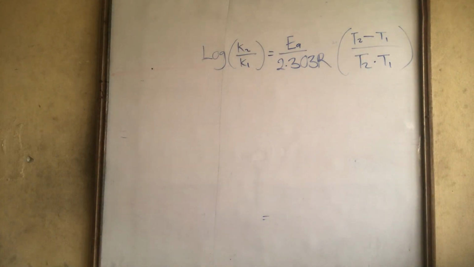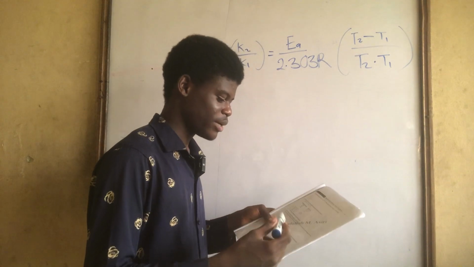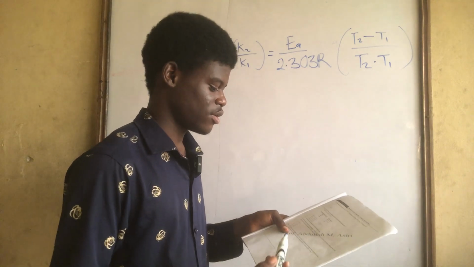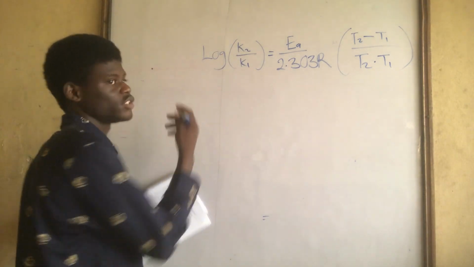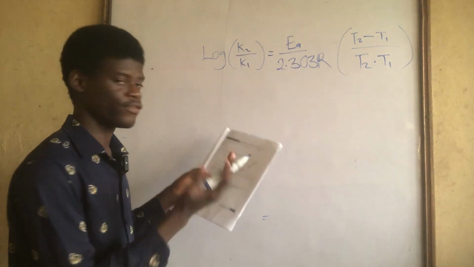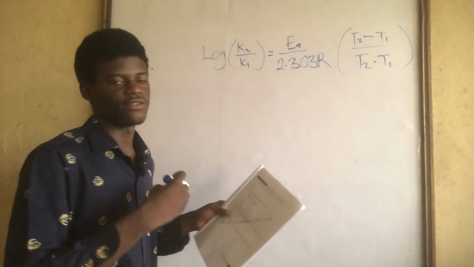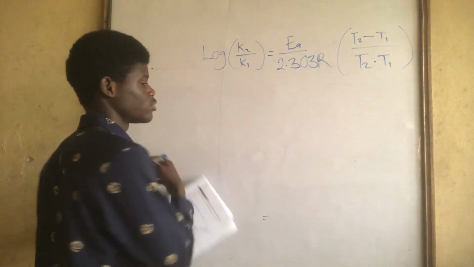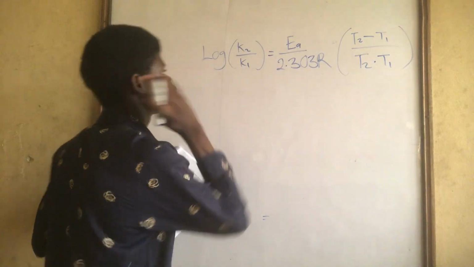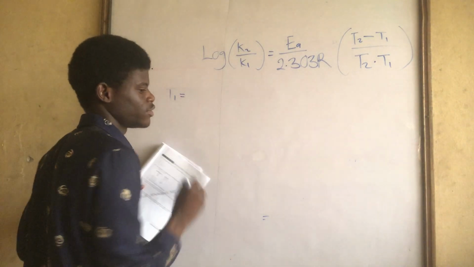Now coming. They're asking us how many times greater is the rate constant for this reaction at 170 degrees Celsius. That means the temperature increased from 150 to 170. They're asking how much greater the rate constant at 170 is than when it was at 150 degrees Celsius. So one thing you need to know is the temperature must be in Kelvin.